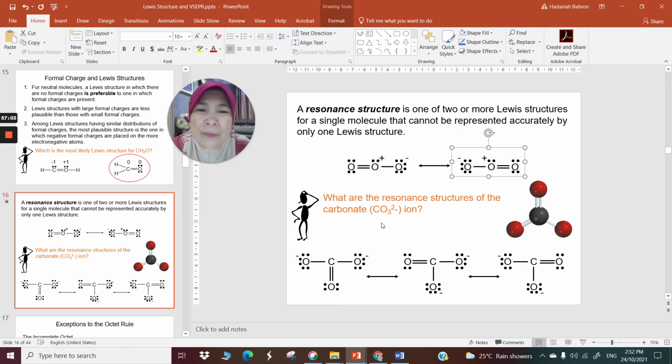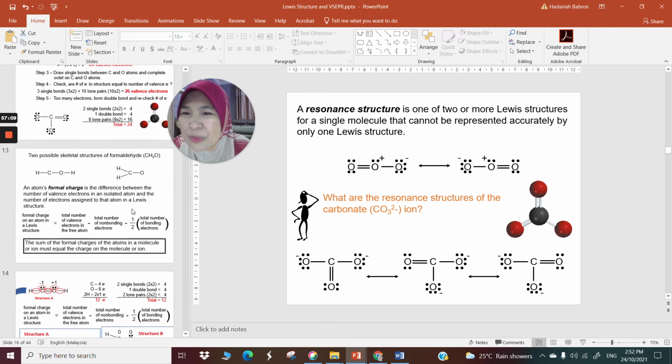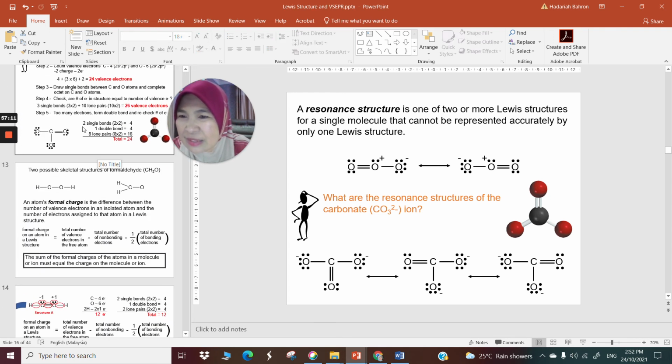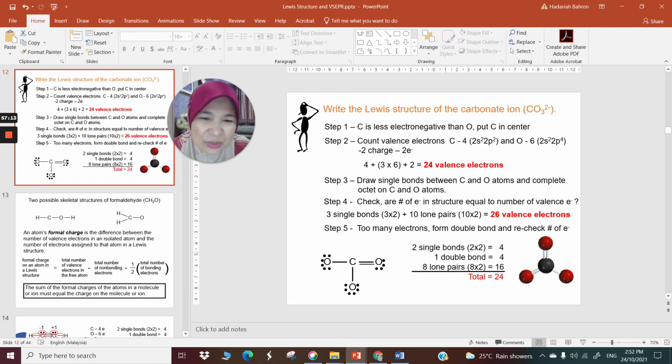Similarly, when we talk about a carbonate anion, CO3 2 minus, the one that we determined a little bit earlier, we say that this double bond is necessary because it will make the number of valence electrons correct.